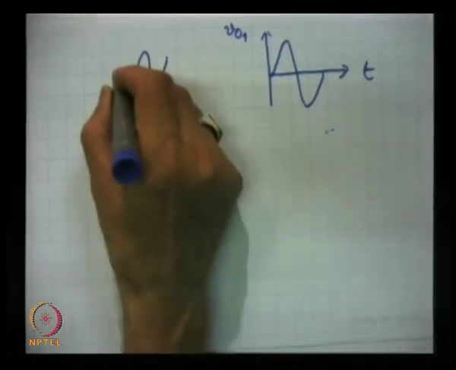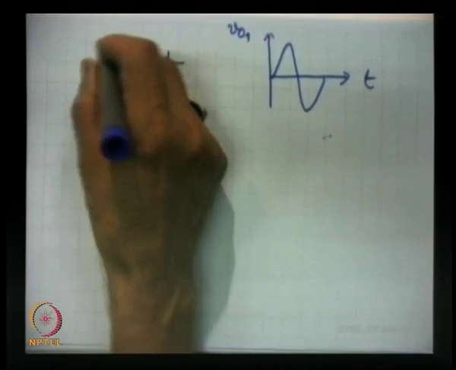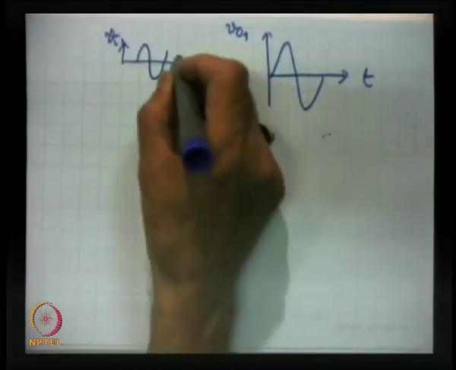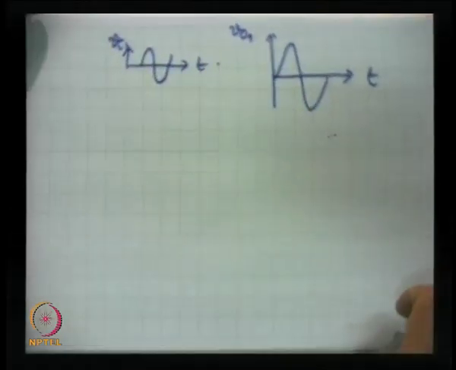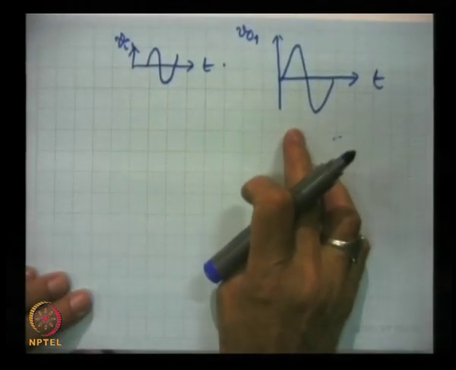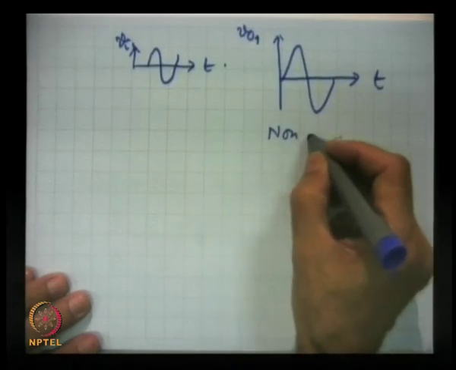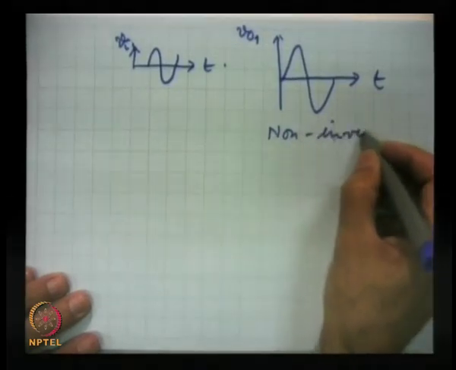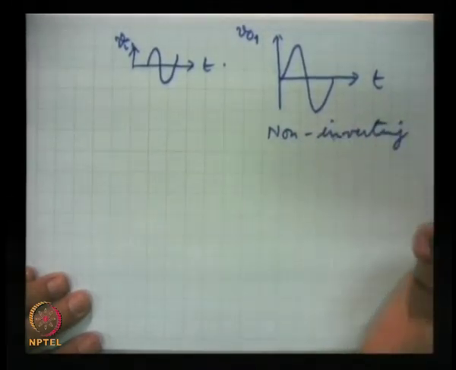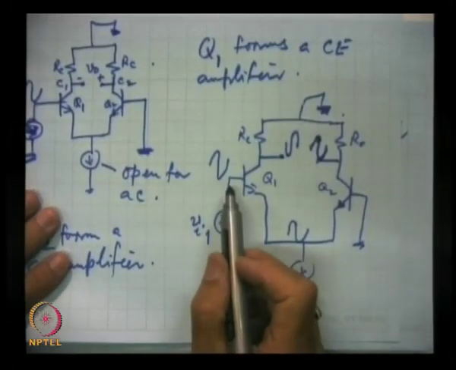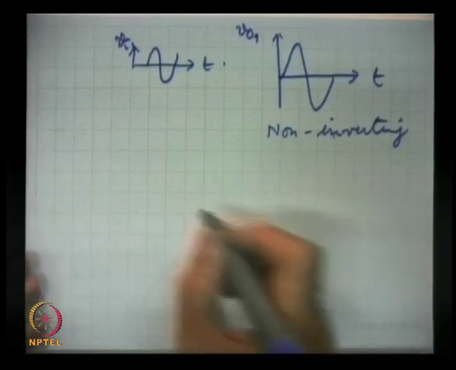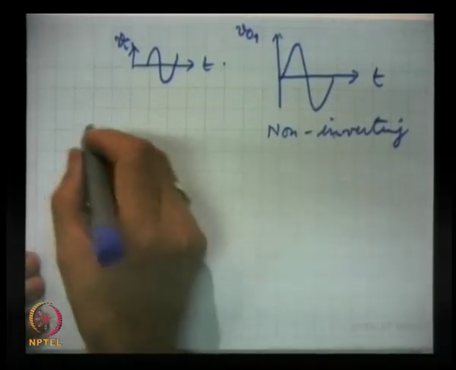Now see here, this output appears for this input. This was input Vi1 with respect to t. So, obviously, this is non-inverting, and this input is called the non-inverting input.